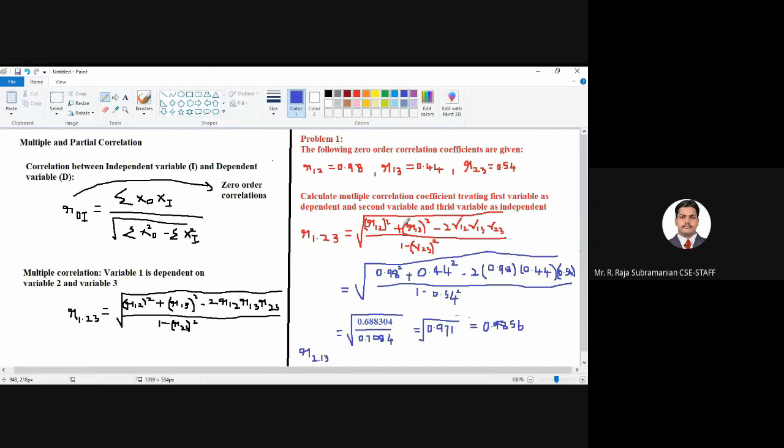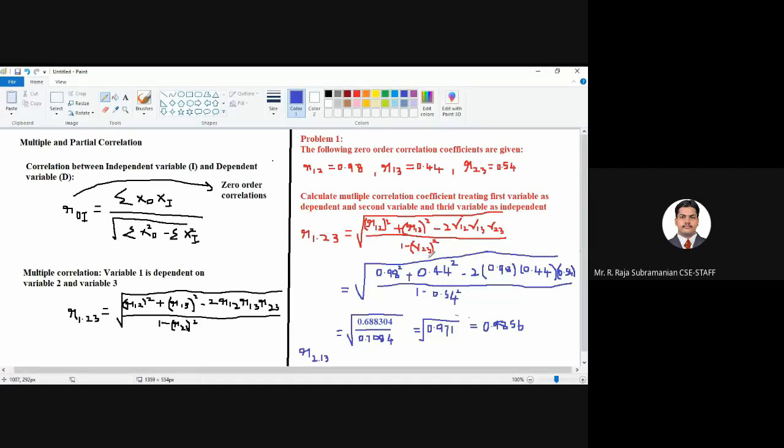R21 whole square. Okay. Next, plus R23 whole square, minus 2 R21 R23 R13, divided by 1 minus R13 squared. So the change that comes here is this.